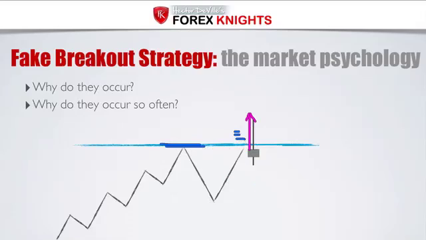By the way, in case you don't know what bracketing a level of support and resistance means, it's basically a rather risky and aggressive trading technique, I must say, where you simply place a pending order, let's say 5, 10, 15 pips just beyond a level of resistance or support.